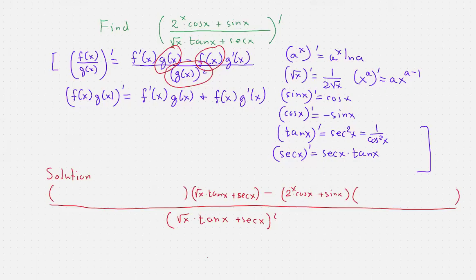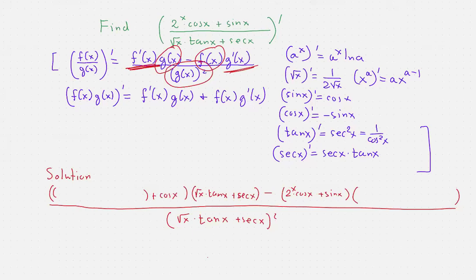And here the top is the sum of two things, one of which is a product. So the derivative of the second summand, sine x, is cosine x. We write it here. And now the derivative of 2 to the x times cosine x, for this we need to use the product rule.